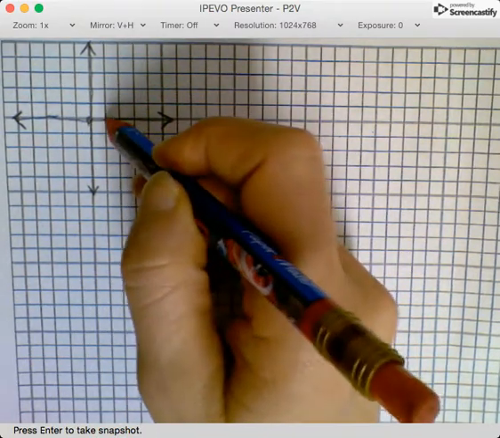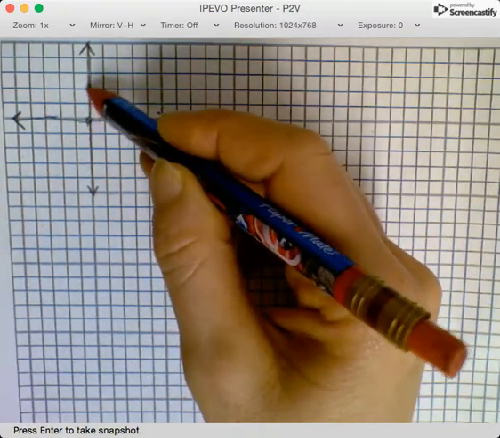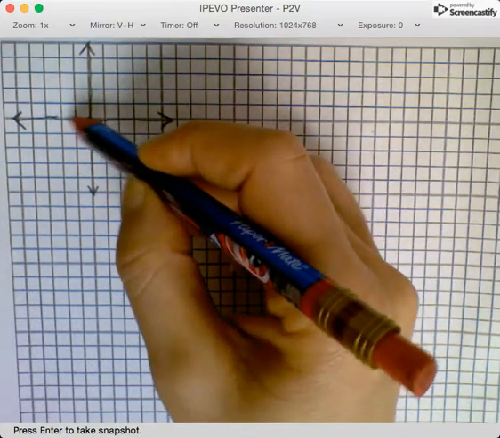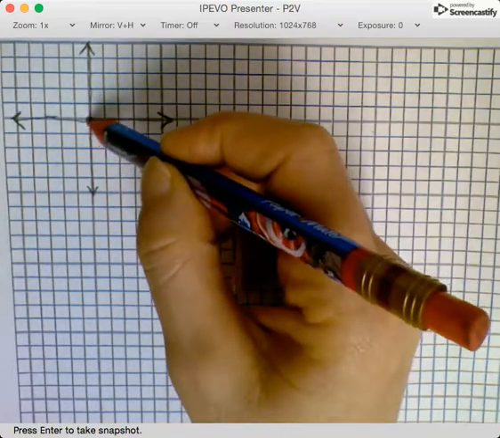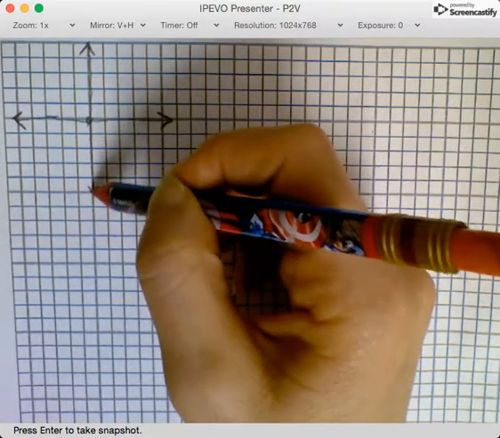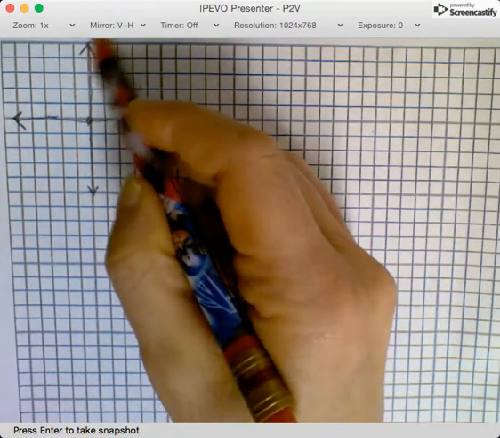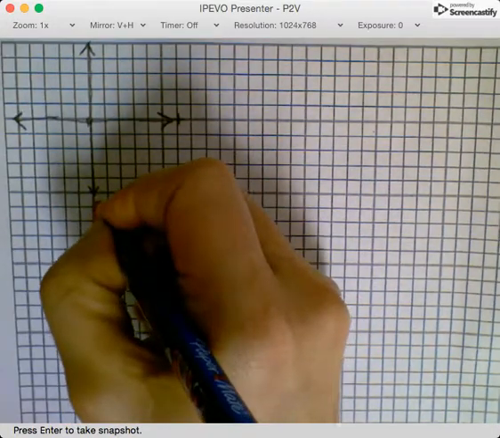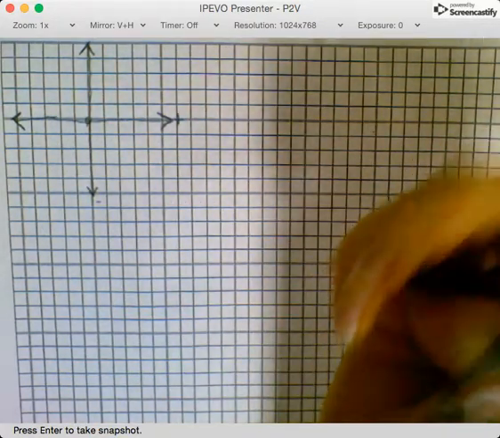So this would be 0, 1, 2, 3, 4, 5, 0, 1, 2, 3, 4, and 0, -1, -2, -3, -4, -5, 0, -1, -2, -3, -4, -5. You notice if you go up, it's positive. If you go to the right, it's positive. If you go to the left, it's negative. If you go down, it's negative. Just like if you had a regular number line, vertical or horizontal.